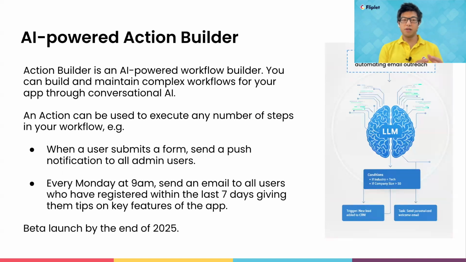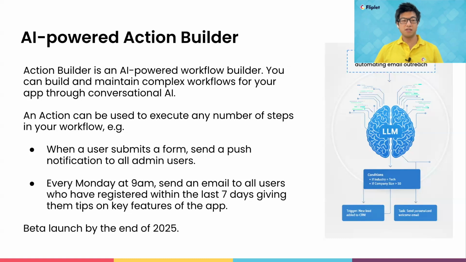While the AI feature component allows you to create interfaces that are facing the user, we also have an action builder that allows you to build workflows that happen in the background. Using the action builder, you can build and maintain complex workflows using conversational AI, which means that you can use an action to execute any number of steps in your own custom workflow.